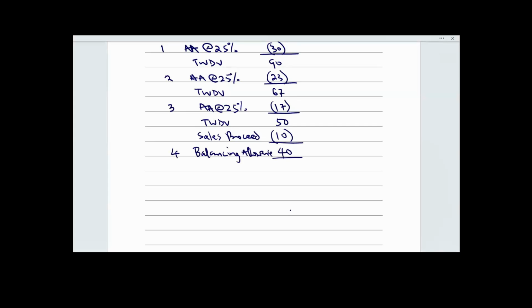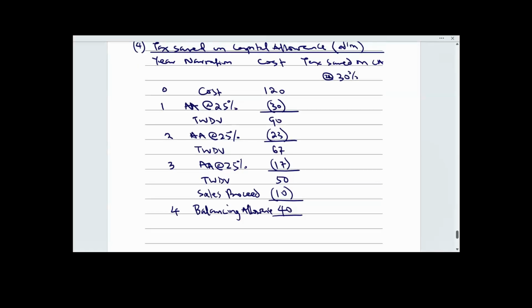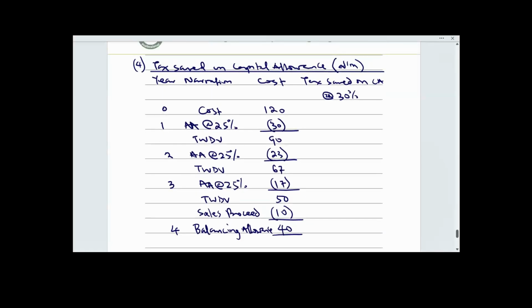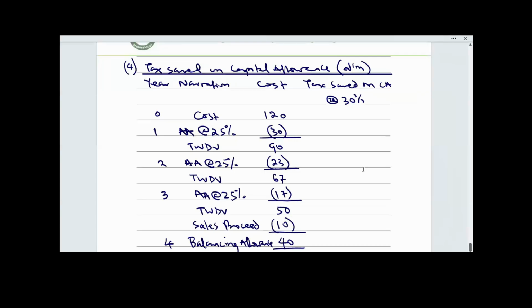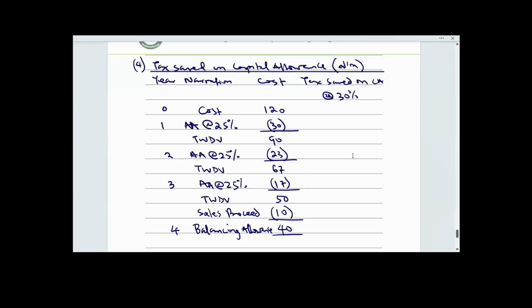Okay, in year 4. So I want to use tax saved on capital allowance to reduce my tax liability. Tax saved is calculated as capital allowance multiplied by the company tax rate.